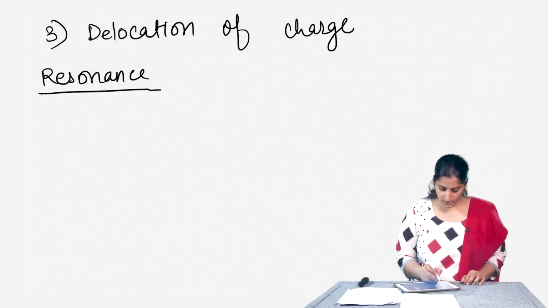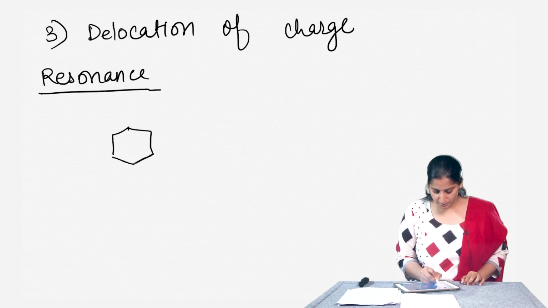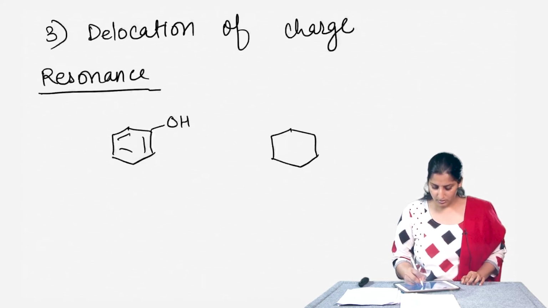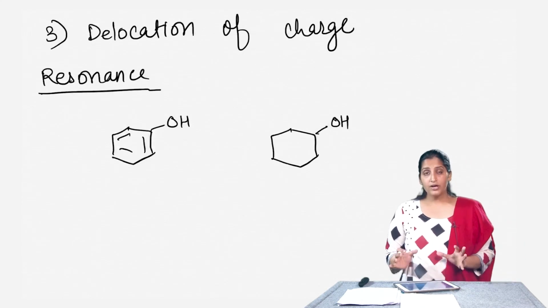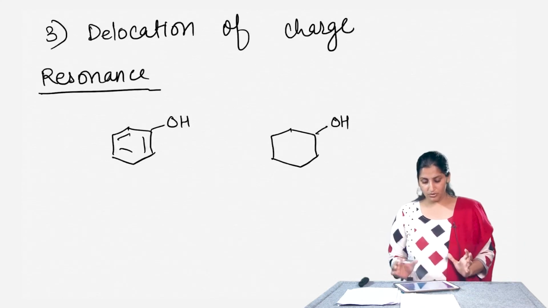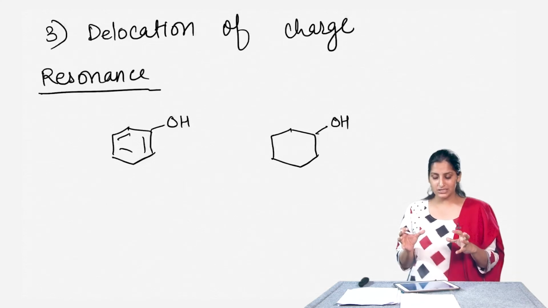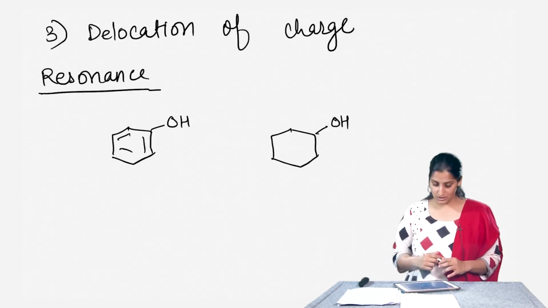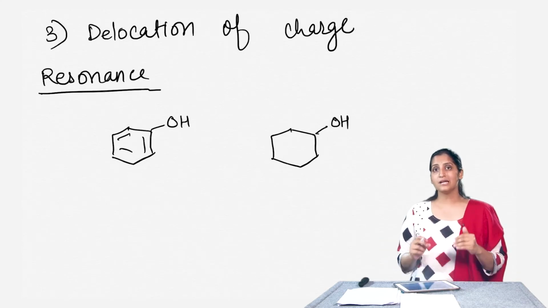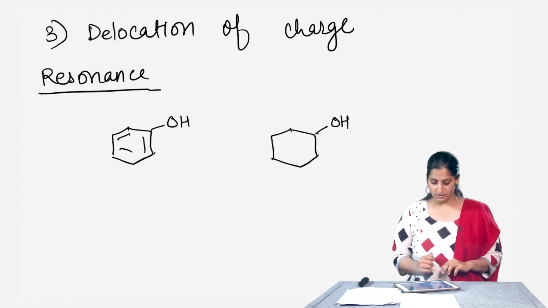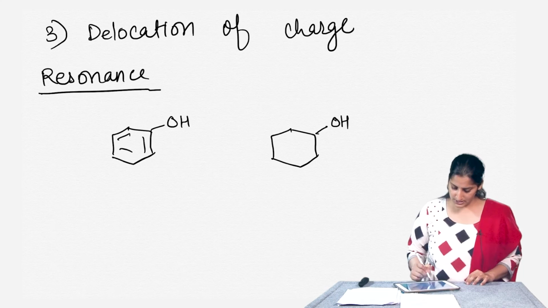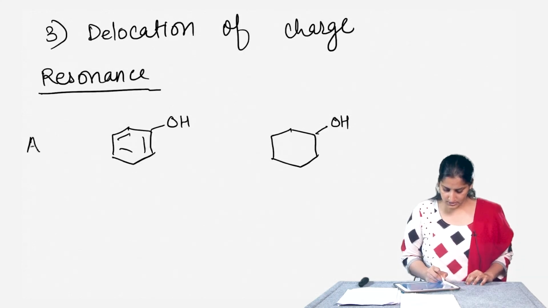So, now let us look at an example of a phenol versus cyclohexanol. If you look at both of these molecules, both of them have very similar structure, except in the cyclohexanol you are missing those double bonds, but you will see that the double bonds play a huge role in governing the acidity, right. So, the conjugate base, so these are my acids.